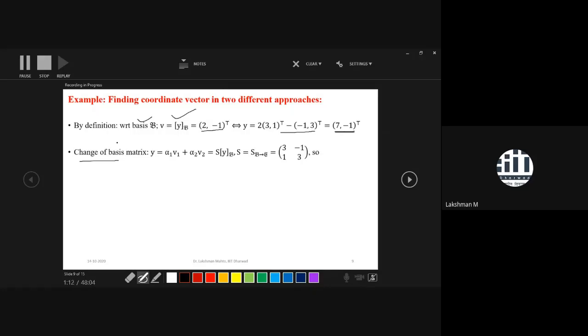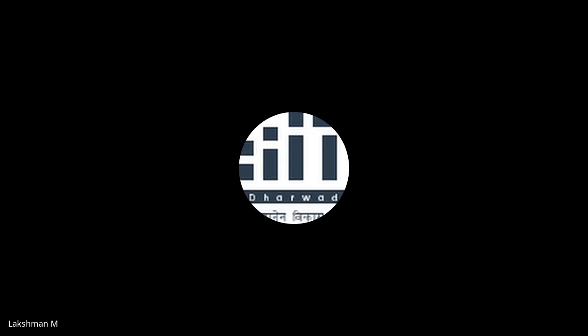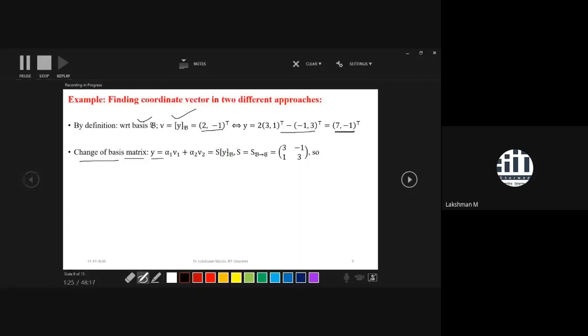Now again, if you are willing to find y with the change of basis matrix, we had already seen that the coordinate of y with respect to the non-standard basis is 2, -1. We also know the change of basis matrix from B to E, that means the standard basis.